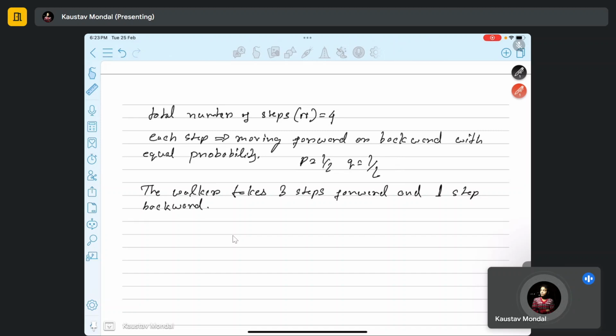This is also mentioned. So now you have what these steps are given, and we have to calculate the probability of this particular occurrence, right?